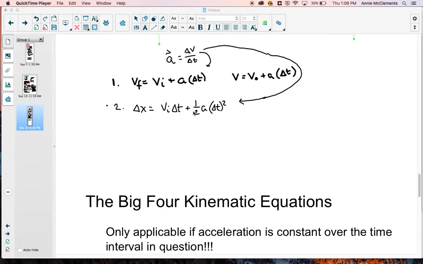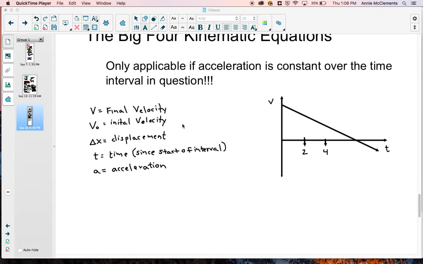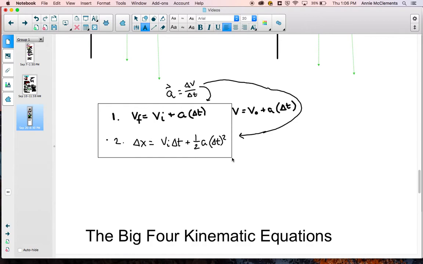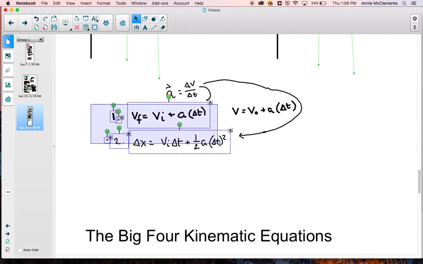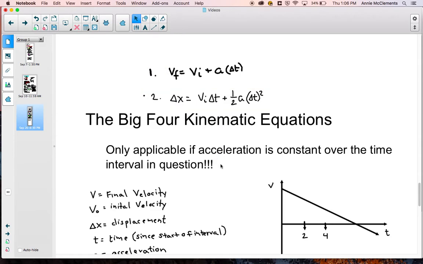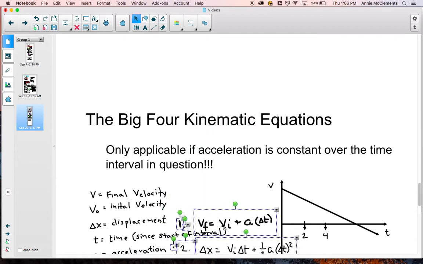This is that put into mathematical form. The other two equations that we will be adding on to these two are going to be less intuitive. They're really hard to derive, but you're just going to have to trust me that they're true.